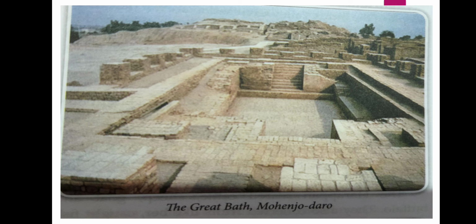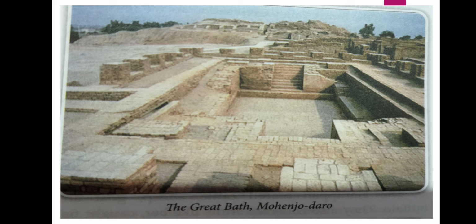It was a huge rectangular tank with flights of steps on the northern and southern sides leading to the bottom of the tank, and the water for the bath was provided by a well in an adjacent room. To make the pool watertight, burnt bricks and mortar lined with bitumen and gypsum were used for construction.